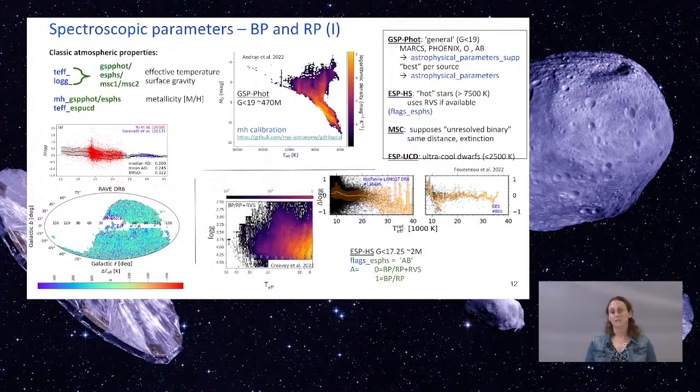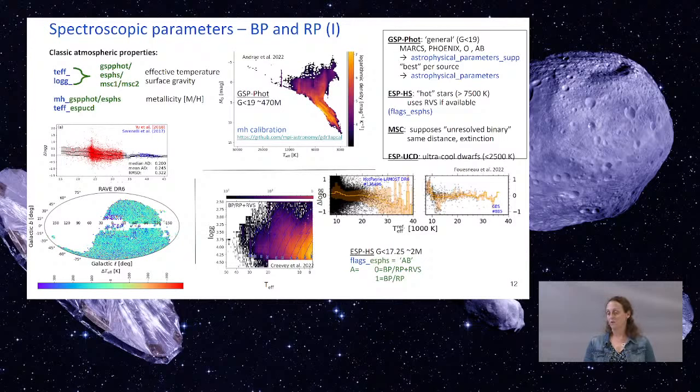Now let's move to the hot stars analysis. So again, there's temperature and log g. In the first diagram for the hot stars, I'm showing the Kiel diagram of these stars, derived using BP, RP, plus the RVS spectra, and you can also find the same for the BP and RP alone.